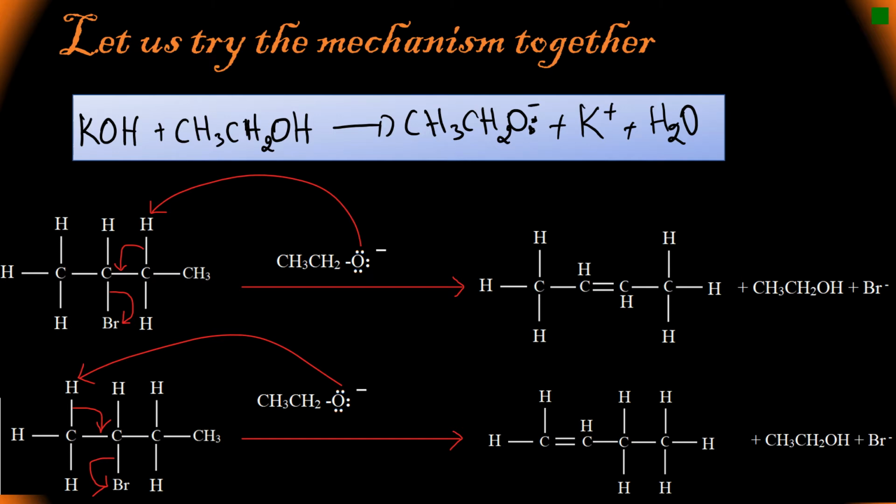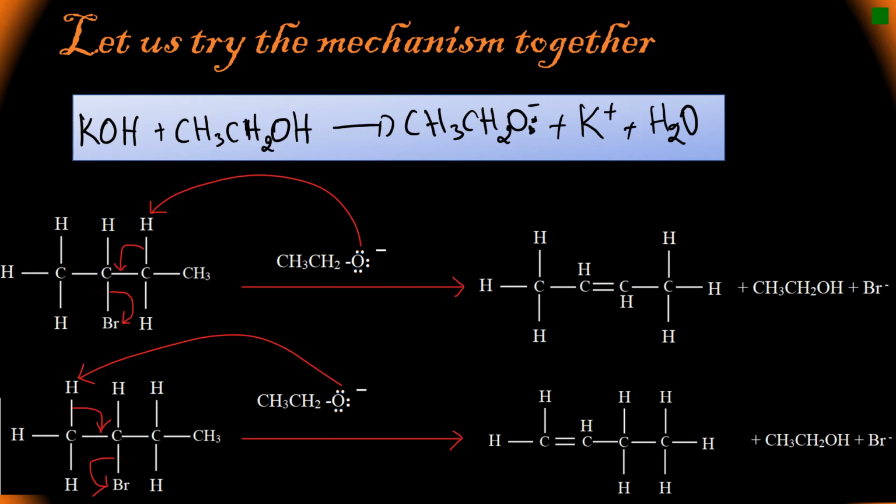But the first product will be major while the second product is minor. Why? Because the alkene where the double bond is in the middle is more stable compared to the alkene where the double bond is between the first and the second. And then the more stable the product, the more it is dominant in the mixture.